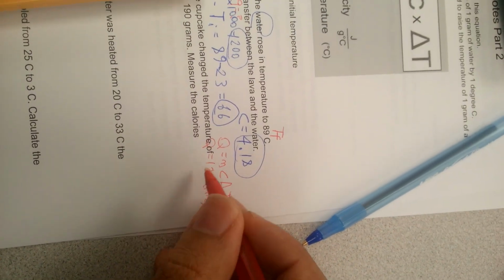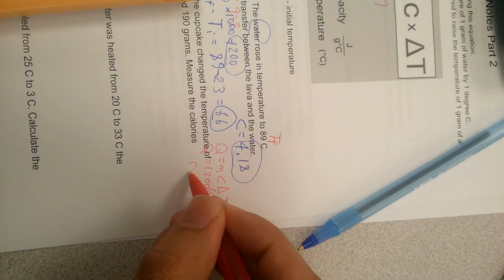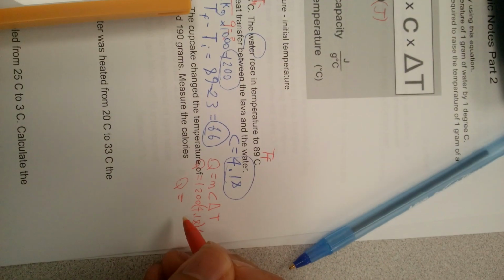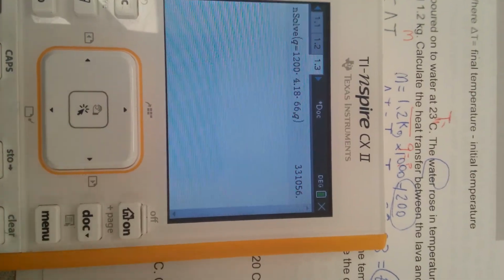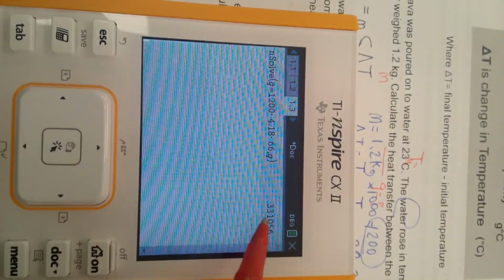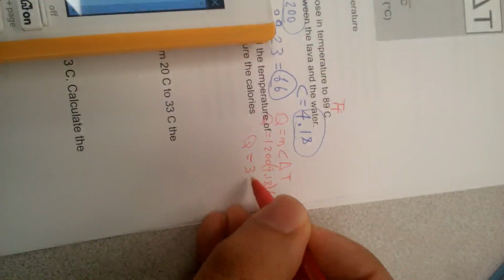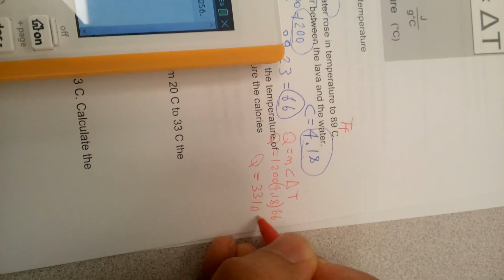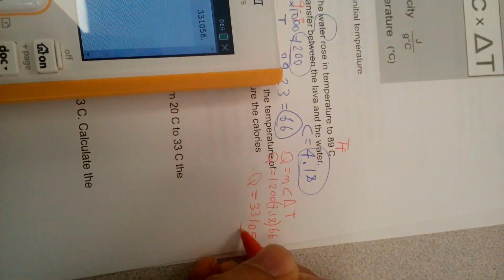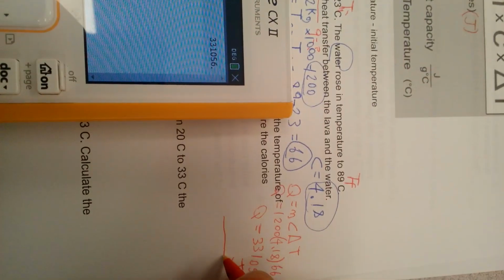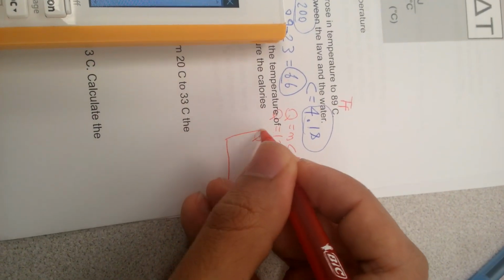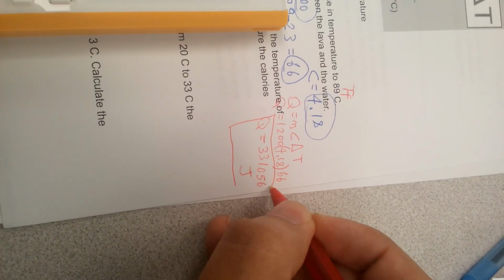So then we're just going to put all that into the calculator using menu 3.1 to find our answer. So the answer turns out to be 331,056. Because it's Q, the unit is J, so we're going to put that as our answer for number 1.